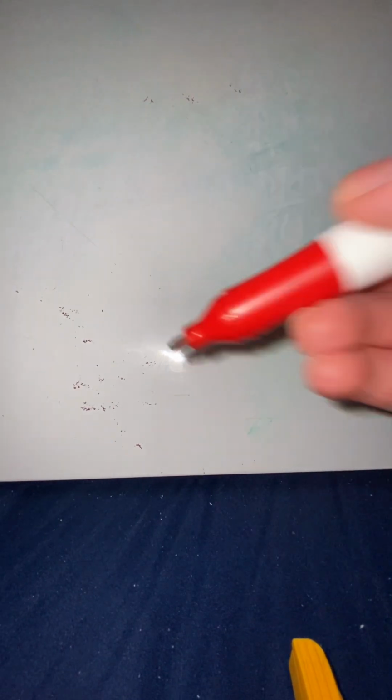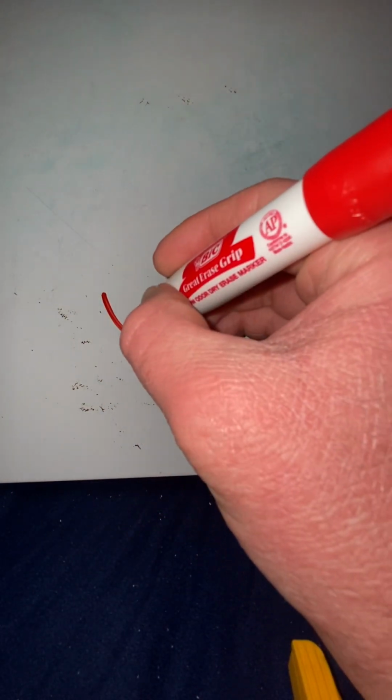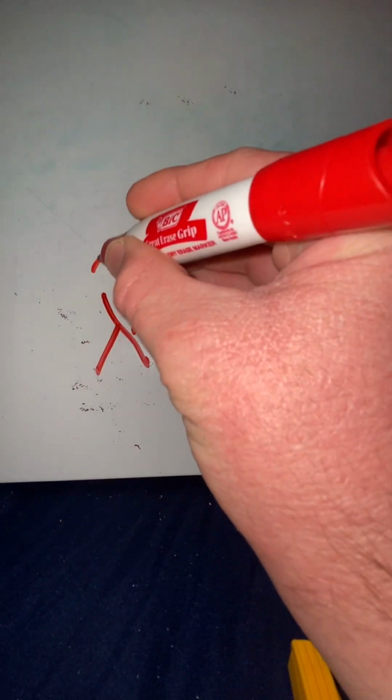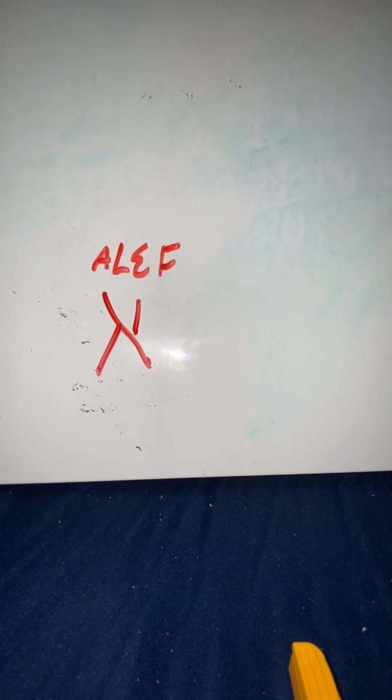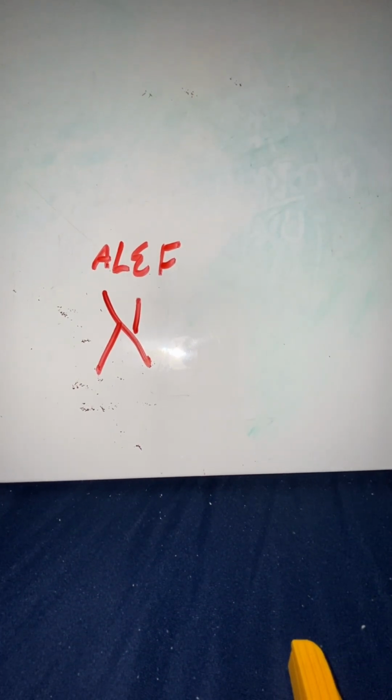And we're going to start with the first letter. The first letter is silent, and its name is Aleph. Okay? Aleph. And it does not have a sound, and this is one of two letters that start a word that starts with a vowel sound. Words never start with a vowel, it always starts with a consonant.